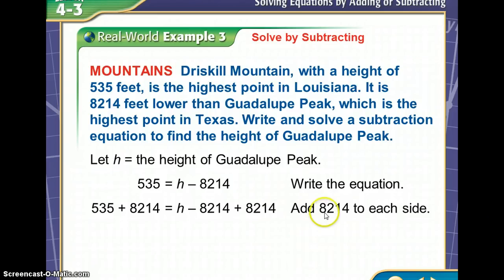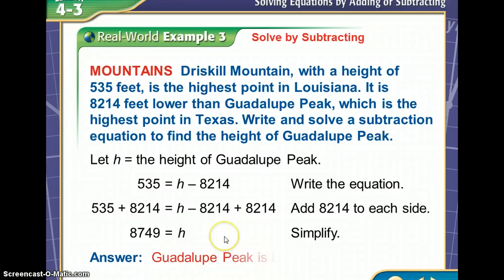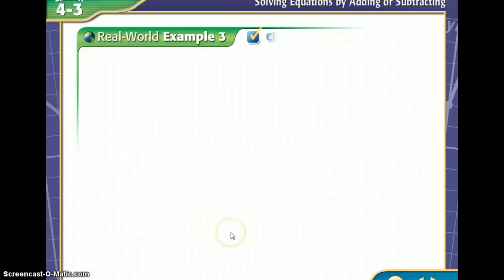And you can add 8,214 to each side, because that'll be the opposite operation, or inverse operation, if you will, of minusing. And you will end up on this right side with just h, and over on the left side with 8,749. That should be the height of Guadalupe Peak.